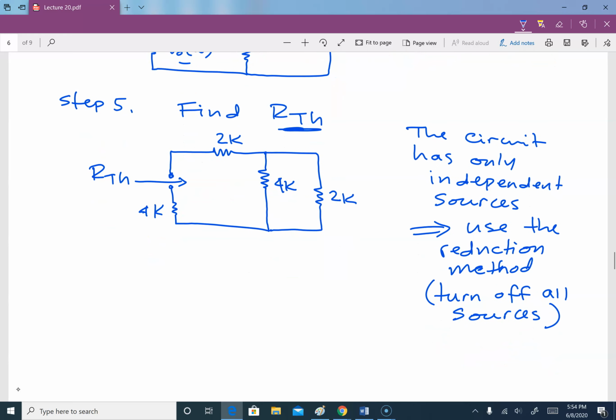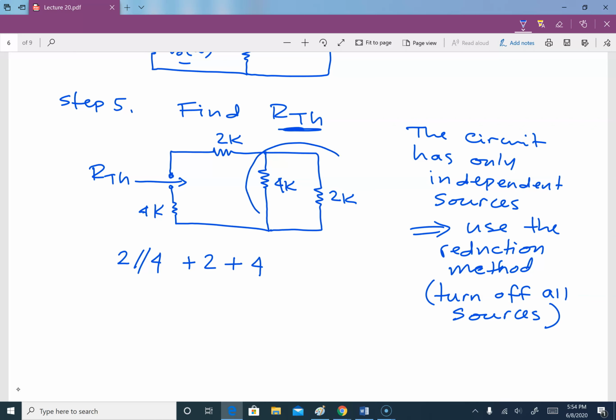So if you look at that, we can say 2 parallel with 4 plus 2 plus 4.